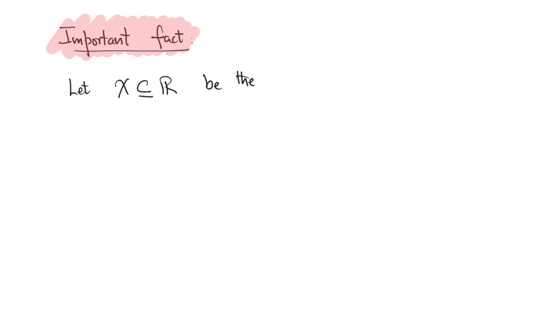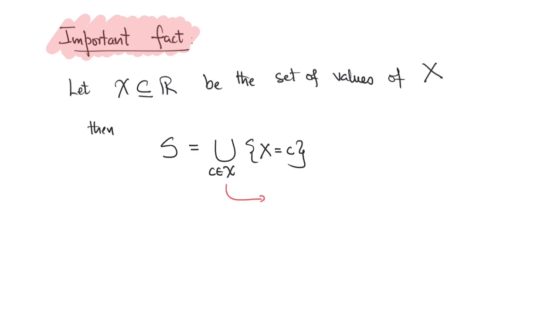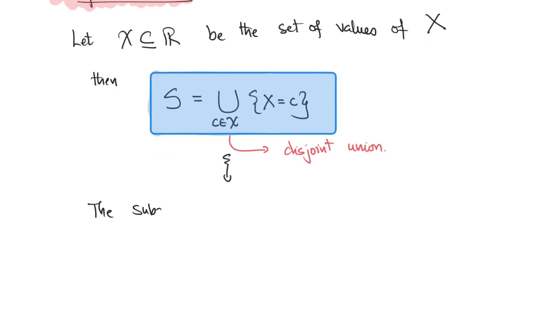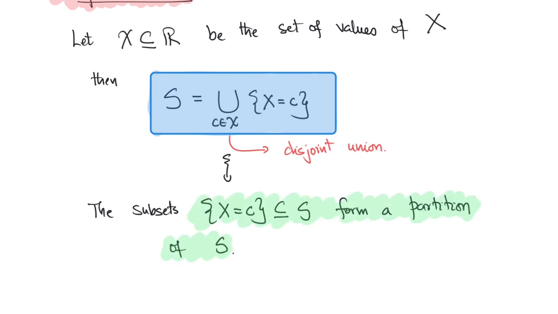We note an important fact: if script x, a subset of R, is the set of values of the random variable x, then the sample space S is going to be the union over C belonging in script x of the sets x equals C. And this is going to be a disjoint union, which means that the subsets x equals C will form a partition of the original sample space S.